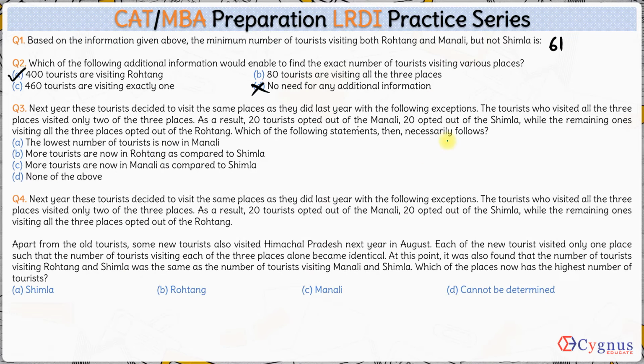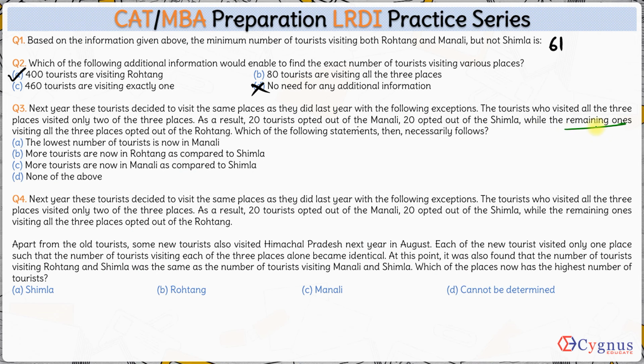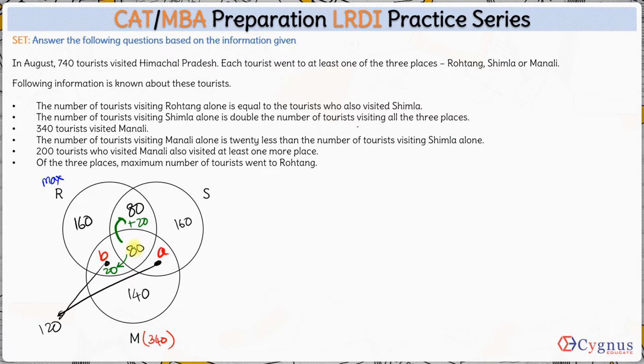Then 20 opted out of Shimla. That means 20 shifted to only Rohtang and Manali. So we have 20 shifting here, and the remaining ones visiting all three places opted out of Rohtang. Now what is the remaining number of people? Out of 80, 20 shifted to this particular region and 20 shifted to this particular region.